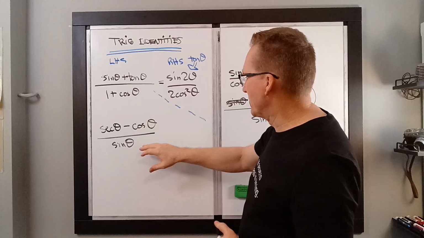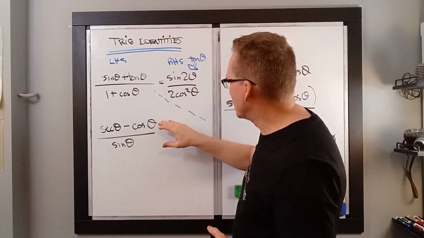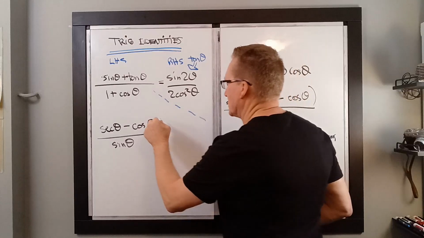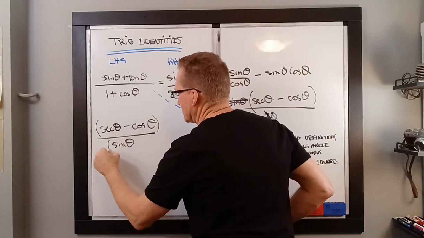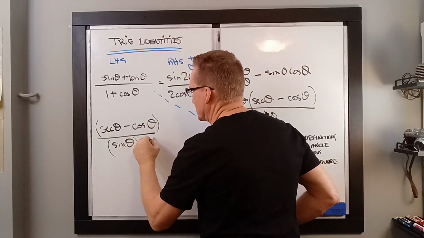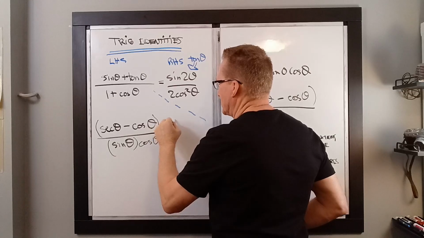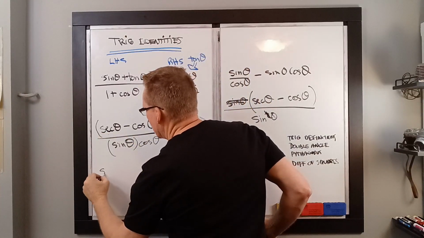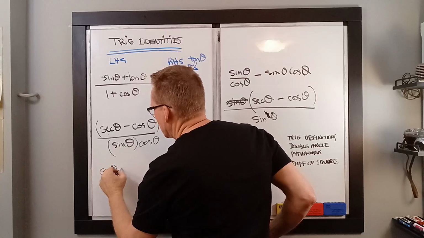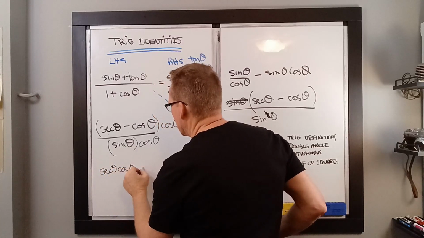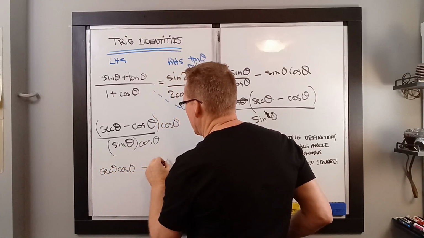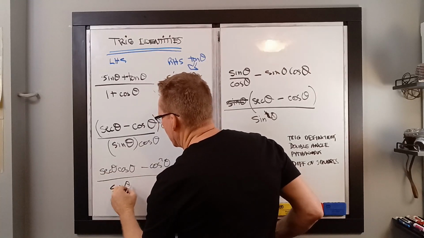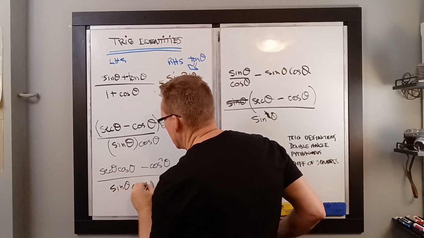We've still got a little bit of a mess here. Let's try multiplying the top and the bottom by cosine here. Just going to try something here, see what happens. Multiply this by cosine theta and this by cosine theta. We're going to get secant theta times cosine theta, minus cosine squared theta, all over sine theta cos theta.